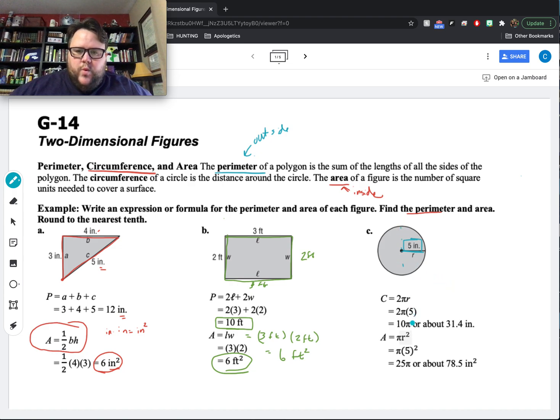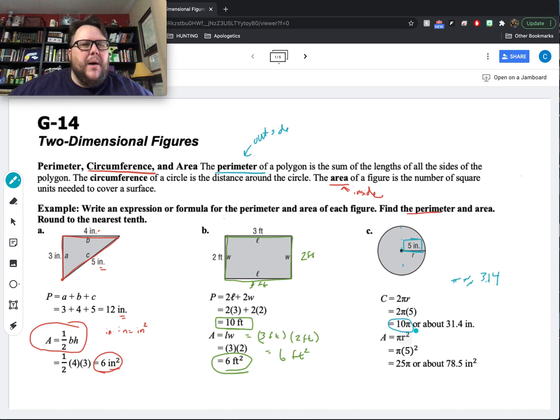So what I have is 2 pi r. So 2 pi, and r is 5 inches. I like to leave it as 10 pi. But remember, pi is approximately equal to 3.14, so you can multiply by 3.14 if you want.